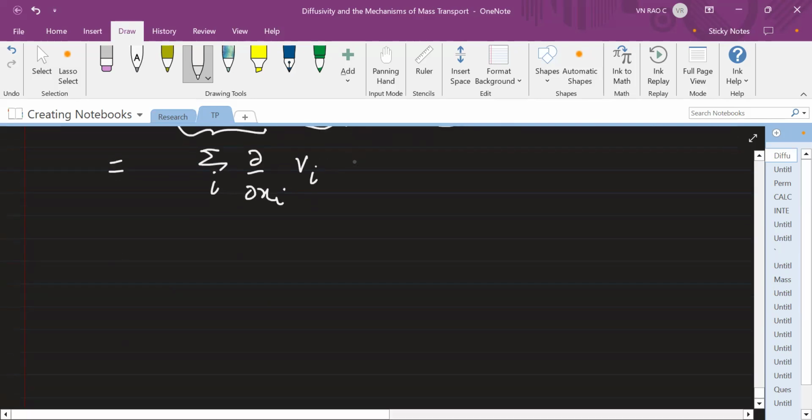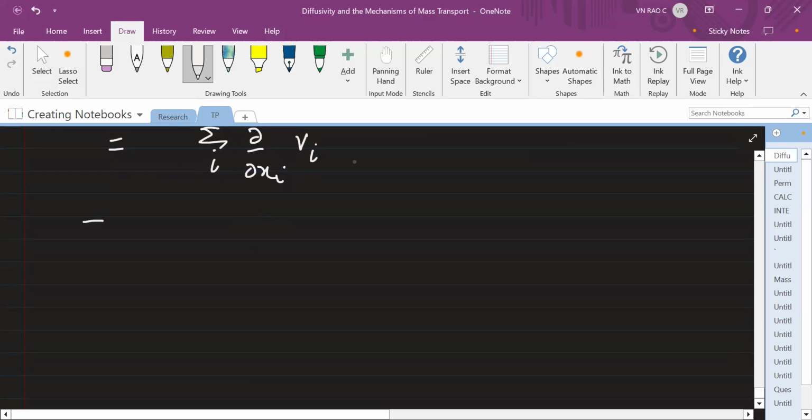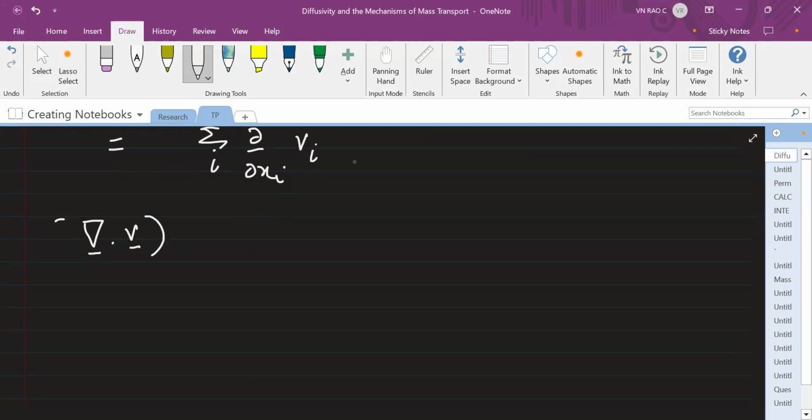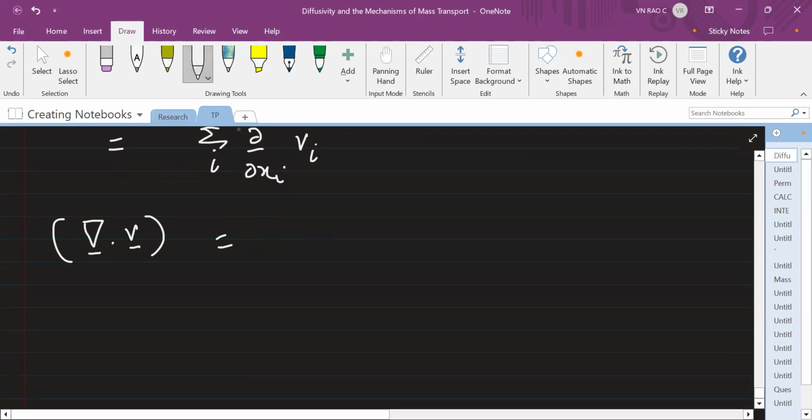Let us take one small example of the del operator.